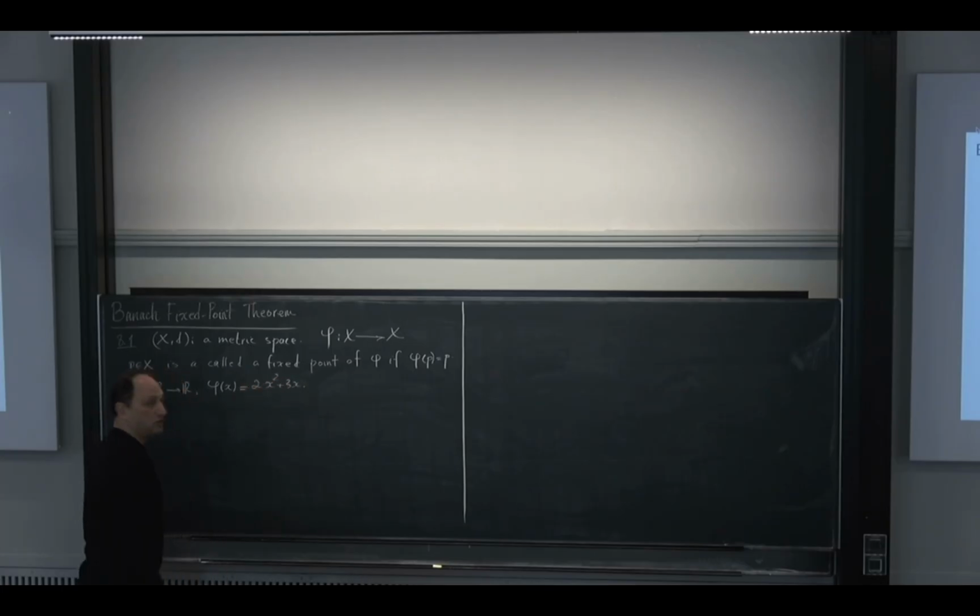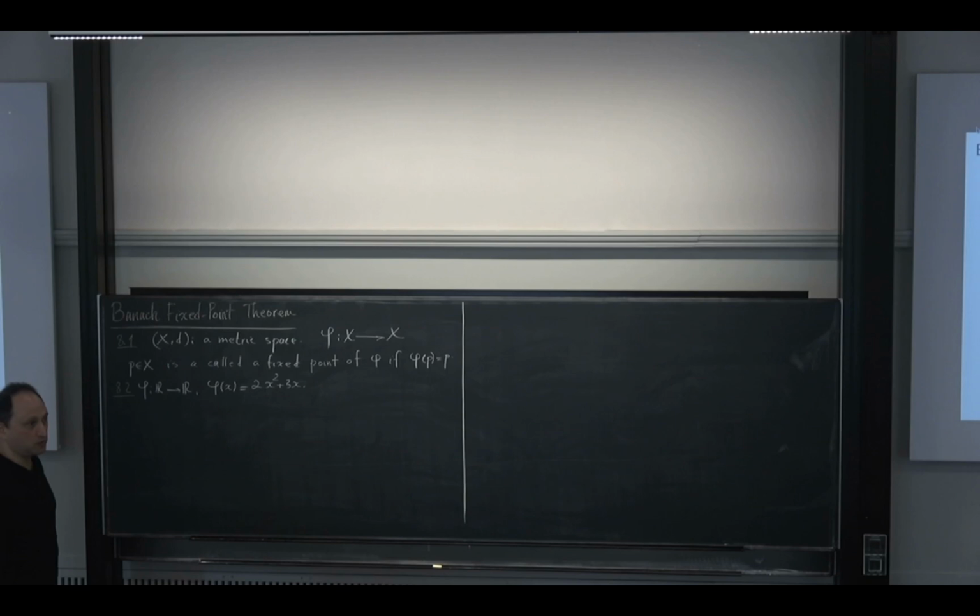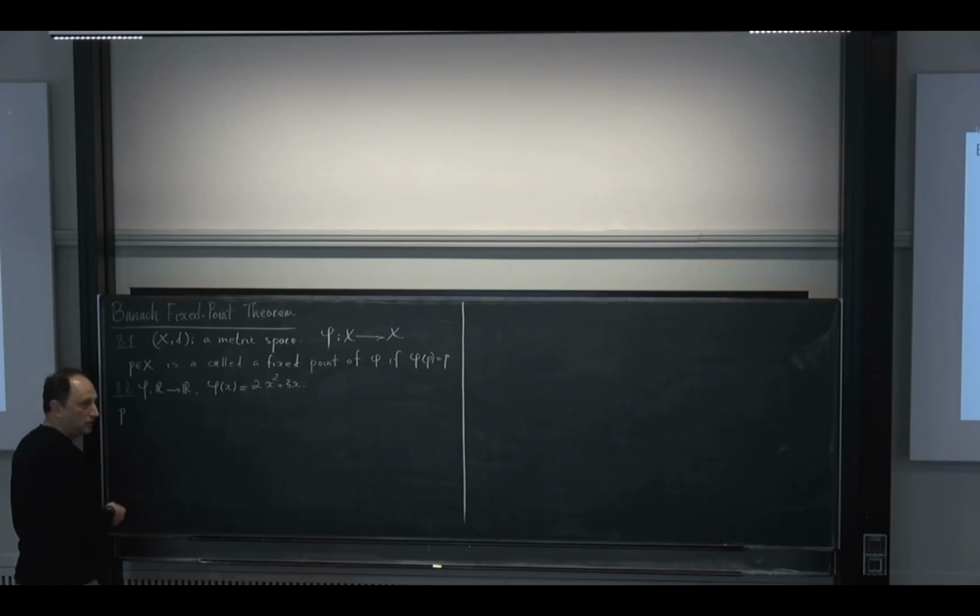I am asking you to find all possible fixed points. According to the definition, p is a fixed point if phi acting on p gives you p, and you are looking for this fixed point p.